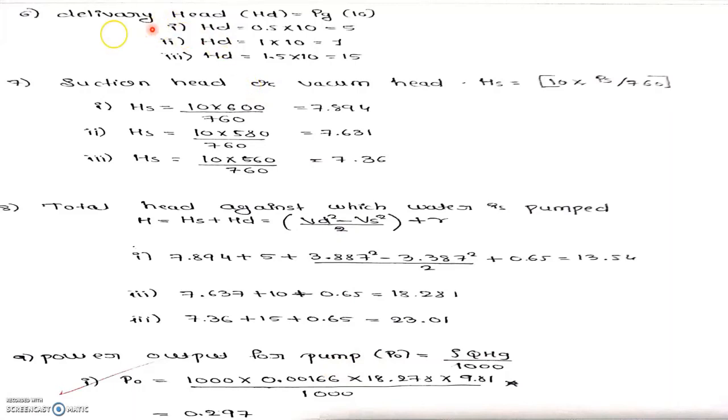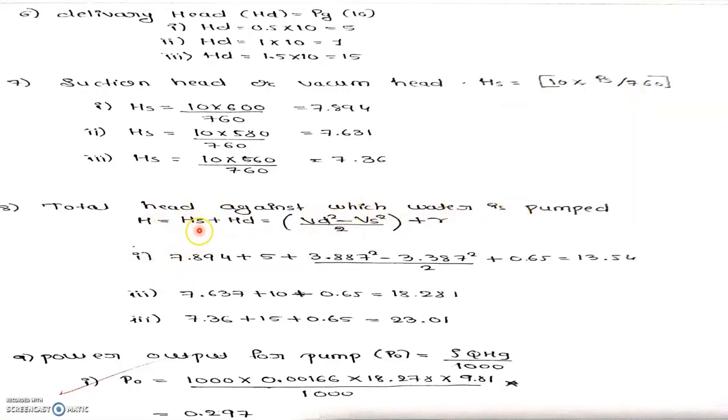Then you find the delivery head, that is HD. HD is PG into 10, where PG is the delivery gauge reading. We are taking 0.51 and 1.5 here. Next, you find the section head using this formula again. Next, you find the total head against which water is being pumped.